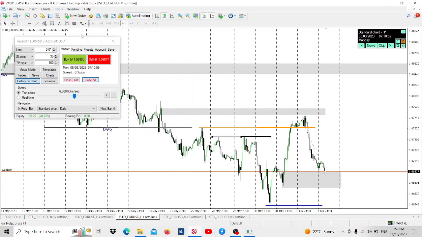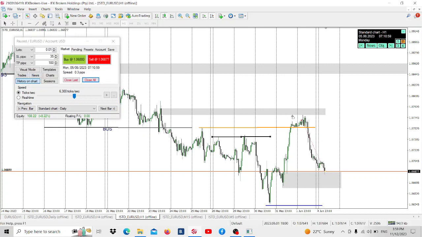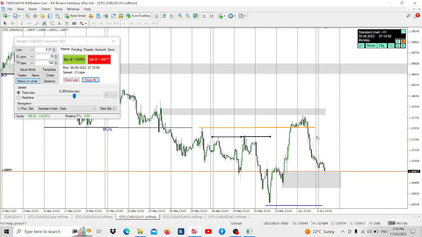I see danger because this high. Let me find something. Shapes. This high was violated, man.